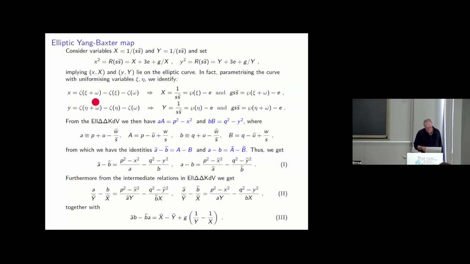So little x can be parameterized in this way with a uniformizing variable psi. Eta can be parameterized with uniformizing variable eta, and then the capital X and capital Y that are associated with it take this particular form.